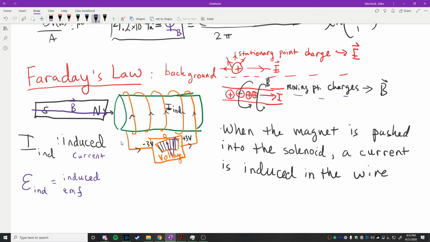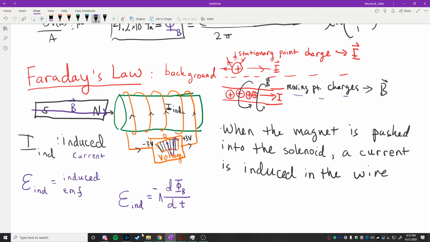And what Faraday's law states is the EMF that's induced in our loop is equal to the time rate of change of the magnetic flux through the coil. There's a negative sign, and the number of turns in your coil also affects this.